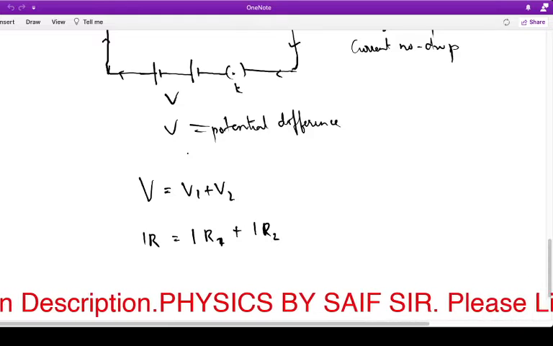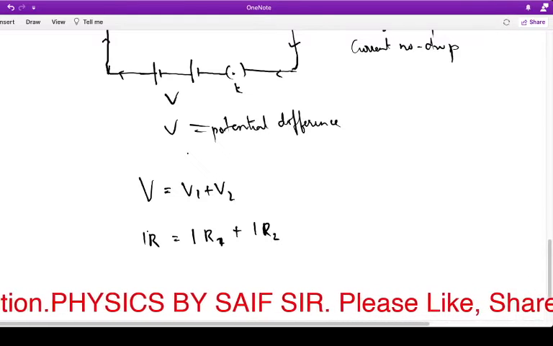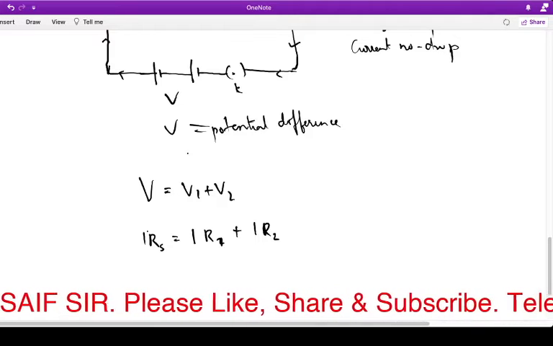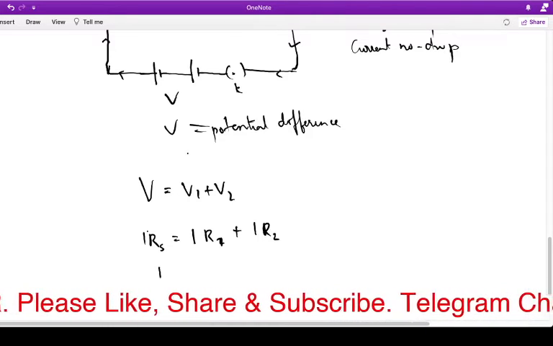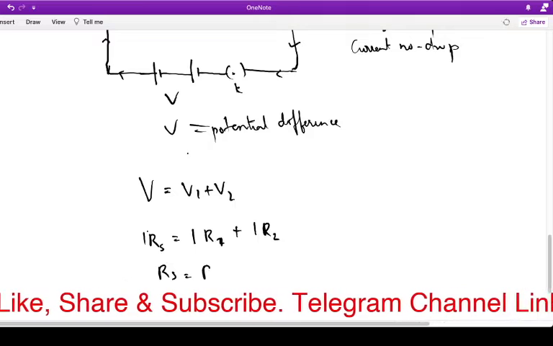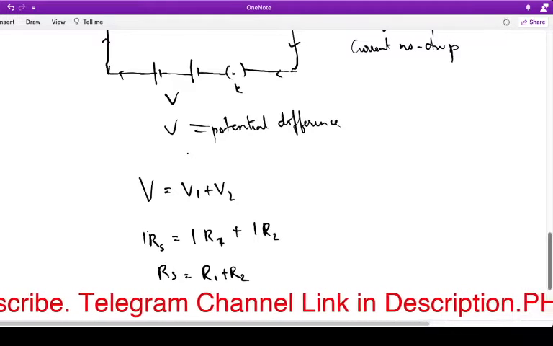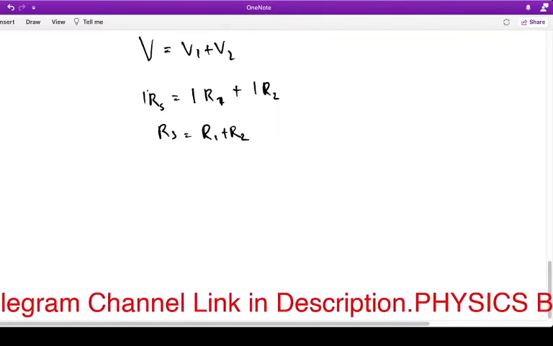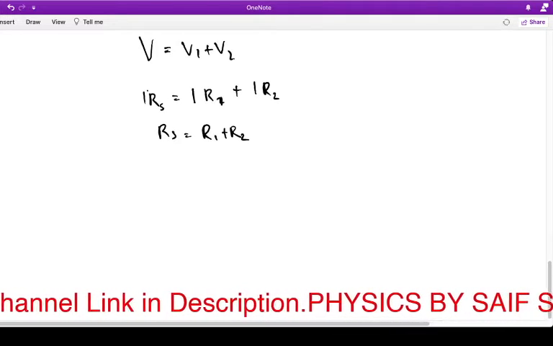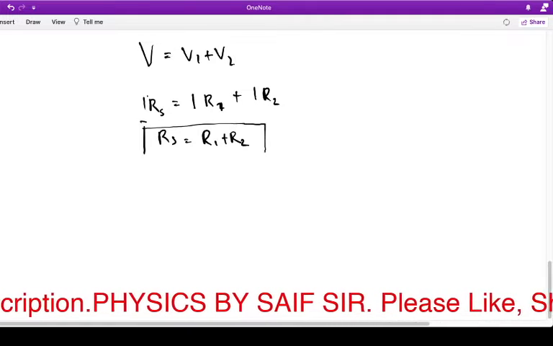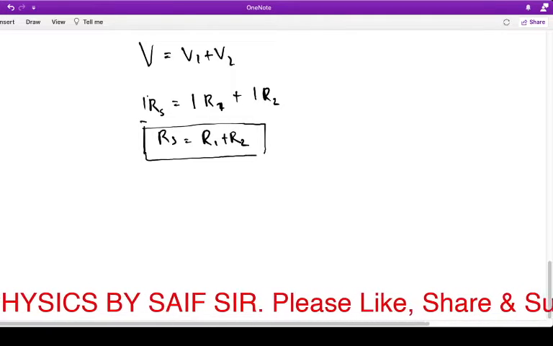So I is the same, you can cancel it, and R becomes RS because we are using series. So RS is equal to R1 plus R2. See, it's very simple. This is the formula for resistance in series.